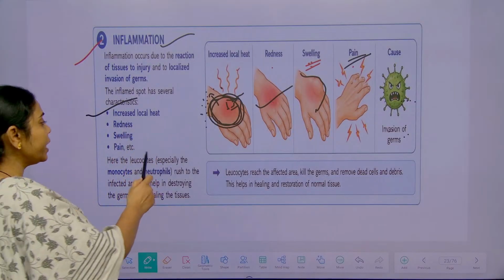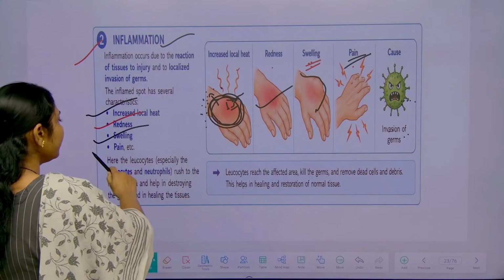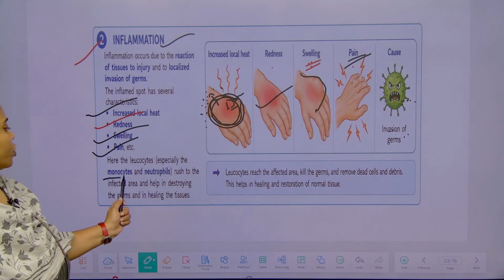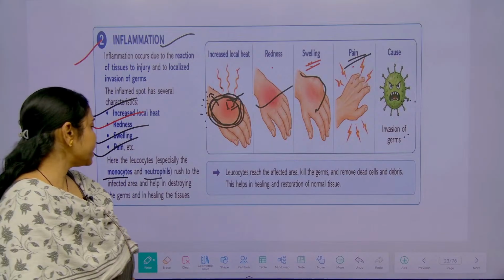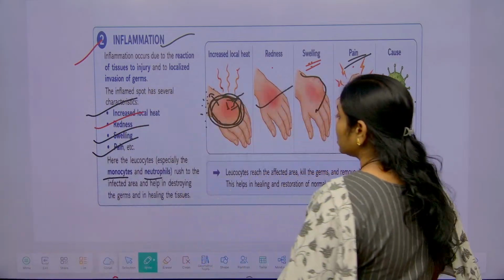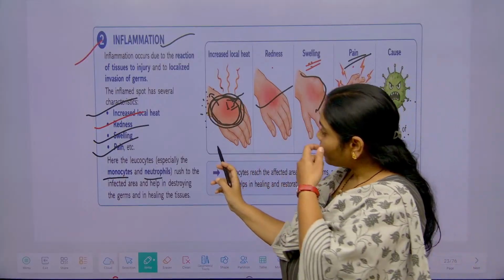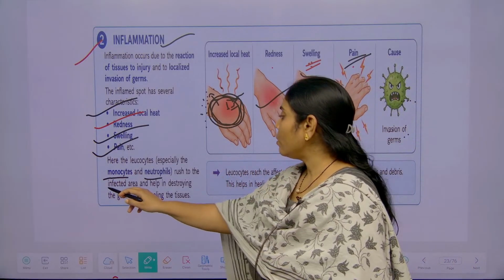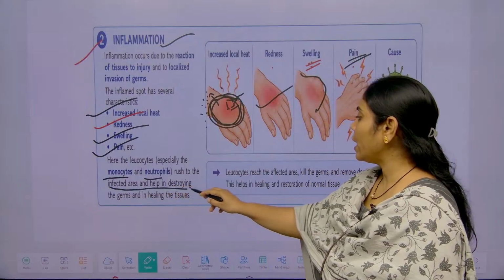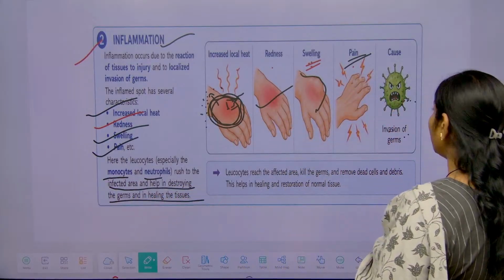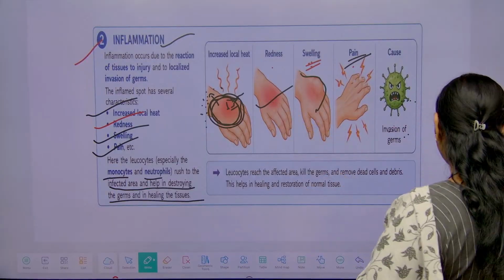Increased local heat and redness, swelling, and pain. Mainly the cells that come there are monocytes and neutrophils. They come to that area immediately when you get hurt or pathogens enter, and they help in destroying the germs and healing the tissue. This process we call inflammation.